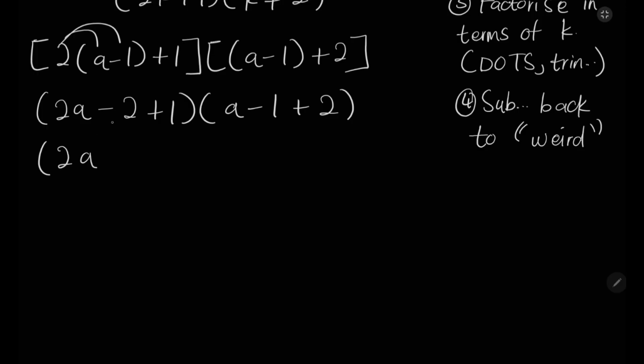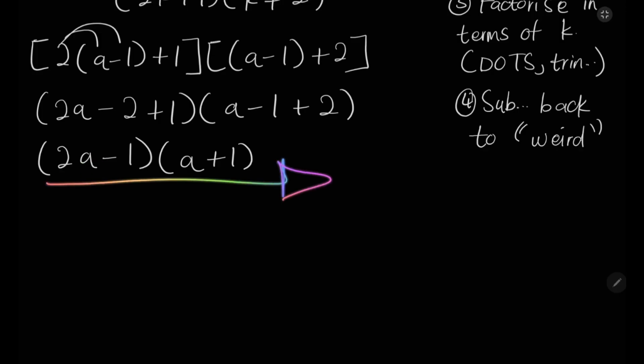We have 2a, and negative 2 plus 1, which is negative 1. In the second bracket, we have a, then negative 1 plus 2, which is a positive 1. So we have (2a minus 1) times (a plus 1). This is your final answer.